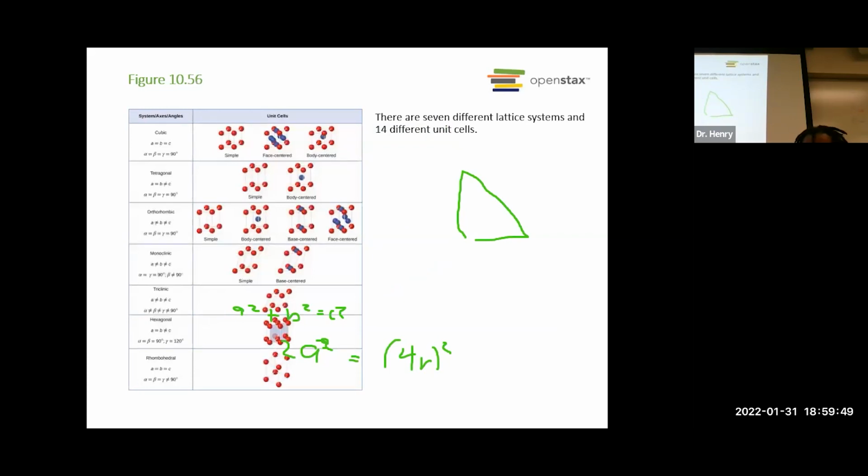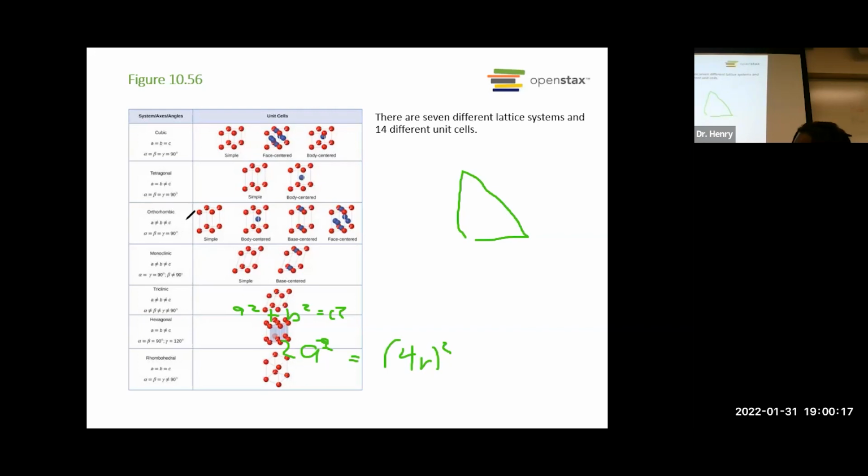And these are the 7 different lattice systems. Okay, so we have the cube. So these are the examples of the cube. This guy is the, I can't even read it because it's so tiny. The tetragonal. So we have simple and body center.